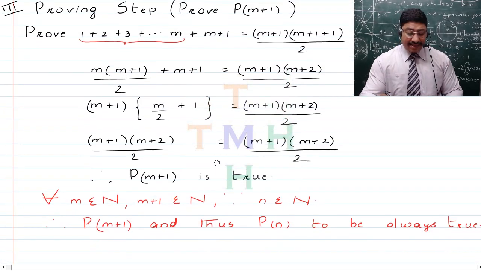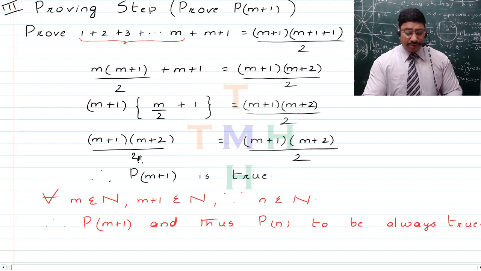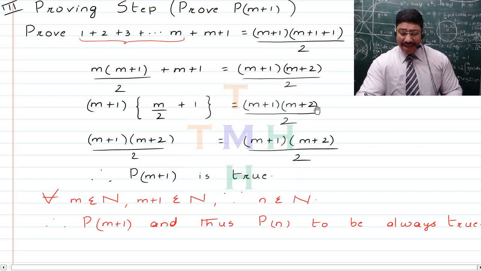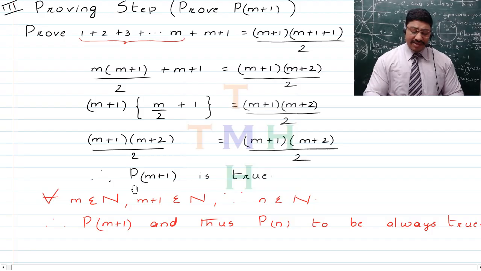Now next, if you take an LCM, it is going to be 2, and then you will have this m plus 1 which is already outside multiplied with m plus 2 divided by 2. Now if you look at what is there on the right hand side, we actually already had this, that is m plus 1 times m plus 2 upon 2, right? Thus the left hand side becomes equal to the right hand side, and therefore we can say that Pm plus 1 is true.